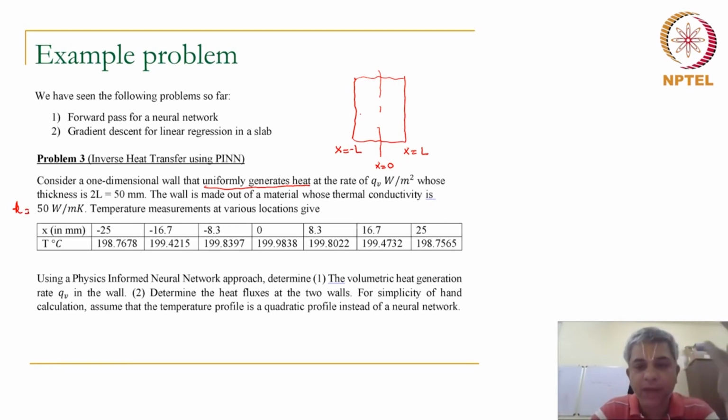And we measure temperatures at some 7 locations that I have given here. I have kept them at uniform locations. So let's say we have taken these 7 measurements. Temperature measurement in degrees centigrade is given here.